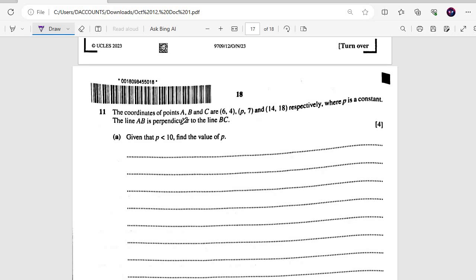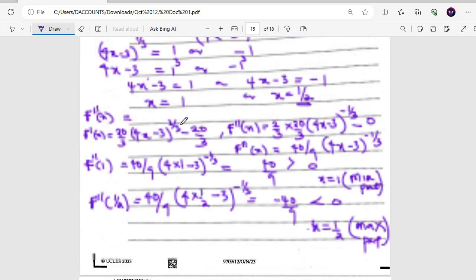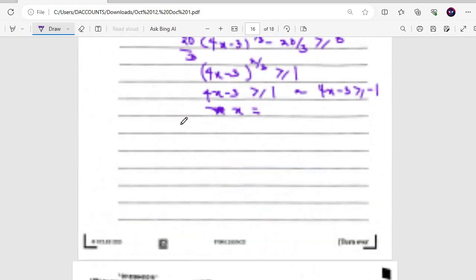Okay, is it number 11? Oh, we're done. The last one.